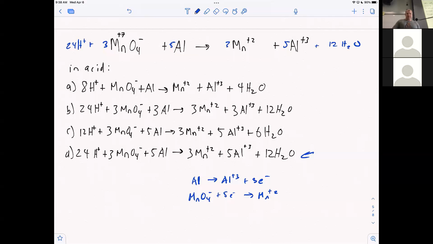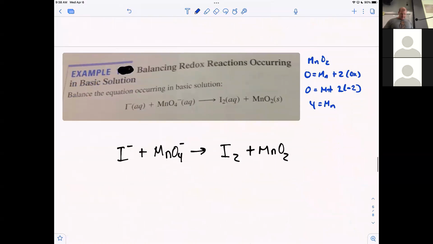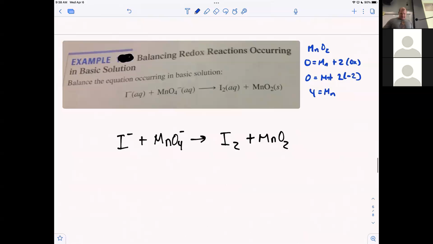So questions on this? So let's do this in an alkaline solution. Iodide plus permanganate goes to iodine and manganese dioxide. You already know that manganese is +7 in permanganate, and going to MnO2, it's +4.